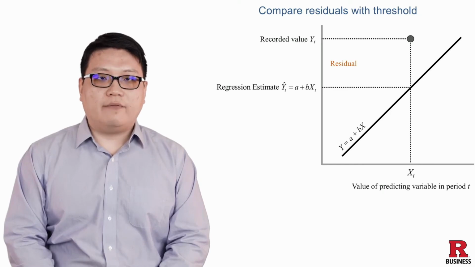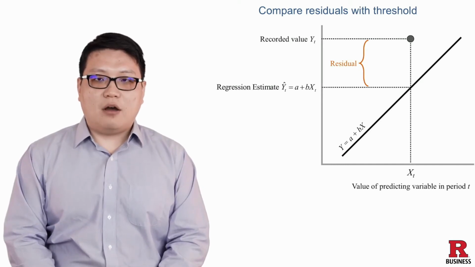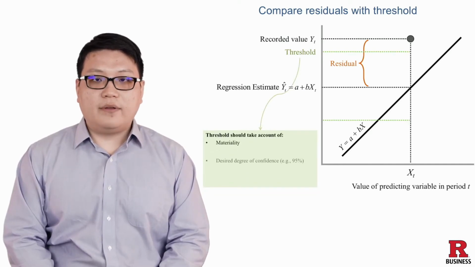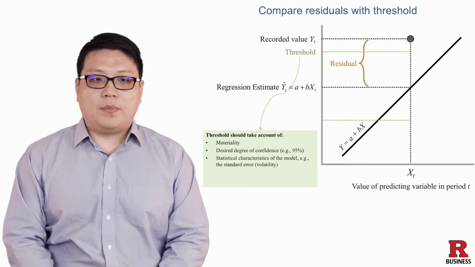The distance between the recorded value y and the regression estimation y hat is called the residual. To use residuals to identify outliers, the auditor can set a threshold based on a few factors, such as materiality, desired degree of confidence, or statistical characteristics of the model.